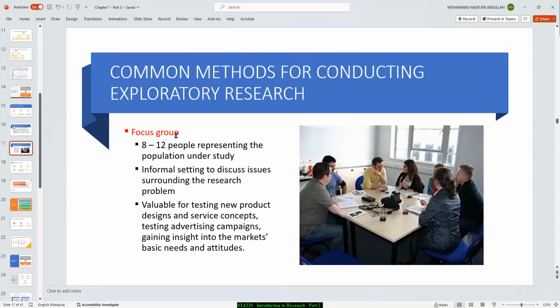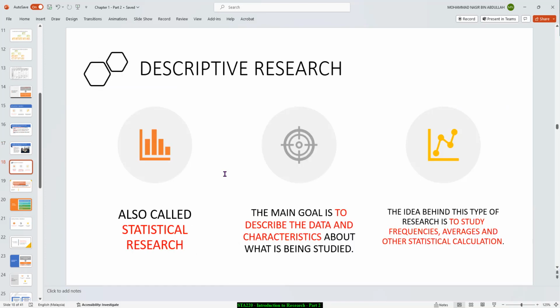Right, so they also have a focus group for exploratory research, maybe something yang kita tak tahu lagi puncanya, right? We just want to gather the information that might lead us to a formulation of theory, right? So focus group is 8 to 12 people representing the population under study in a formal setting to discuss issues surrounding the research problem, right?